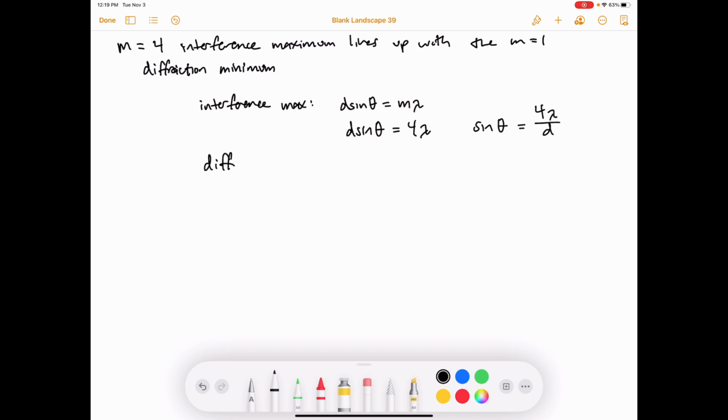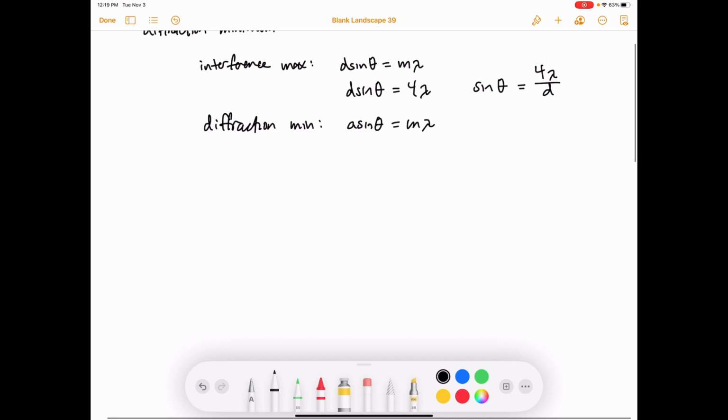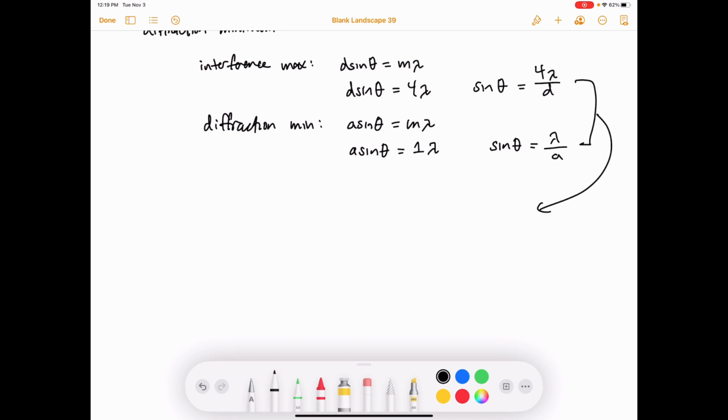For the diffraction minima, we have a sine theta is equal to m times lambda, where in this case m is equal to 1, because it's the first diffraction minimum from the center. So that means sine theta is also equal to lambda over a. These are both valid expressions for the angle we're talking about, so we can set them equal.